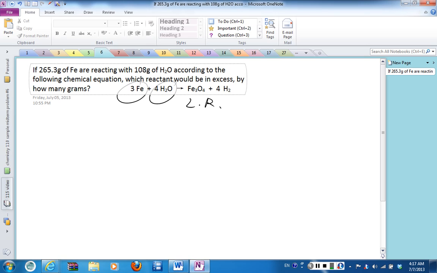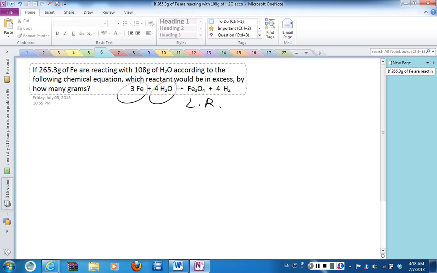In this case, we want to know between the 2 which one would be in excess, leftover, and how much of it would be leftover. The other one would be completely used up, and that would be your limiting reagent. So how do we do that? The way we tell them apart is pretty simple.